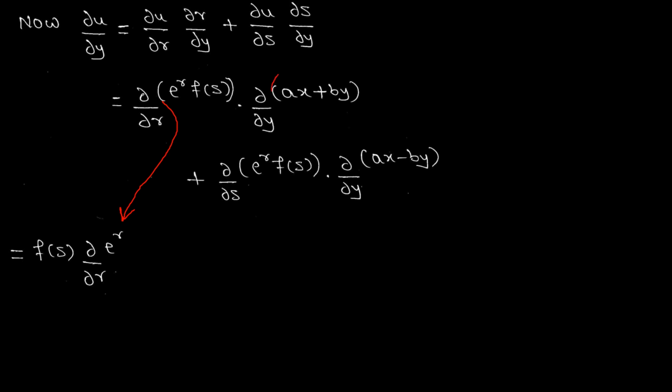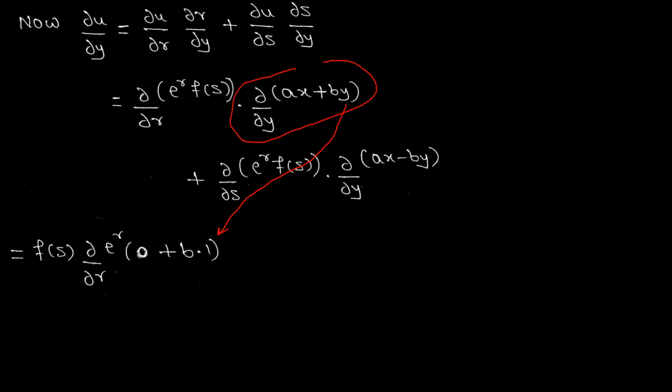And when we differentiate this with respect to y, the value of ax, which will be taken as constant, goes to 0, which we have written here, plus b is a constant as it is. Differentiation of y with respect to y is 1. This completes the derivative of this.